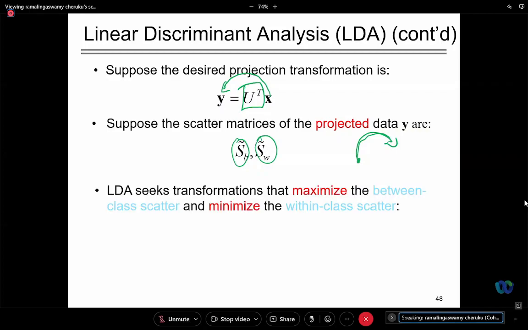Now LDA seeks transformations that maximize the between-class scatter and minimize the within-class scatter.